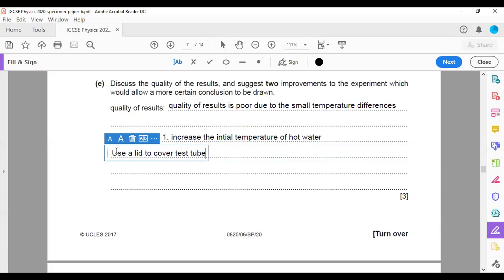Why do we want to use a lid to cover the test tube? So that the temperature would be only confined to the test tube itself.